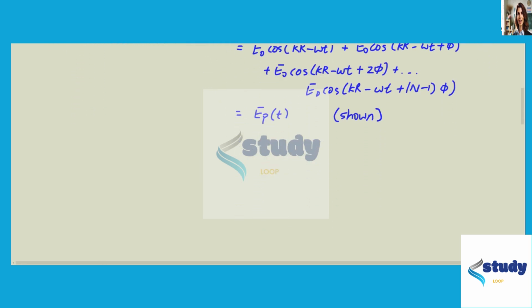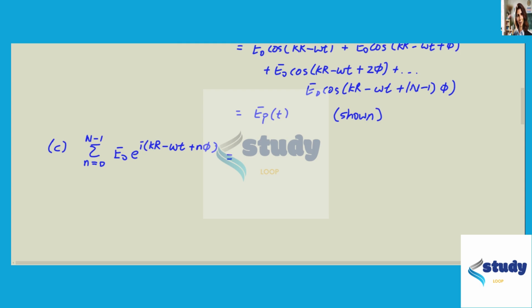Then we go on to part C. In part C, we want to show that the summation of the complex exponentials can be simplified into the given expression. I'm going to show how you can obtain that. This is the given summation.